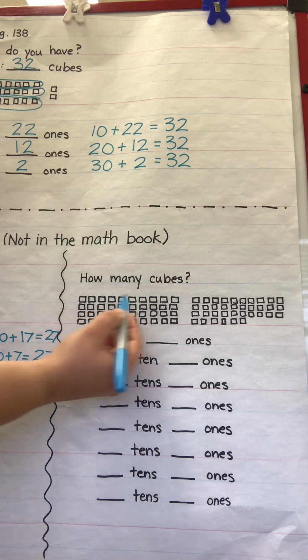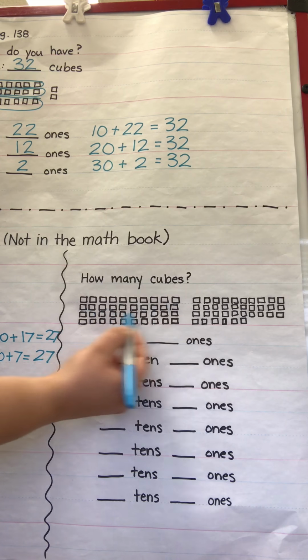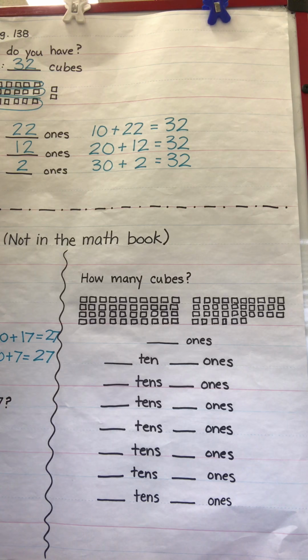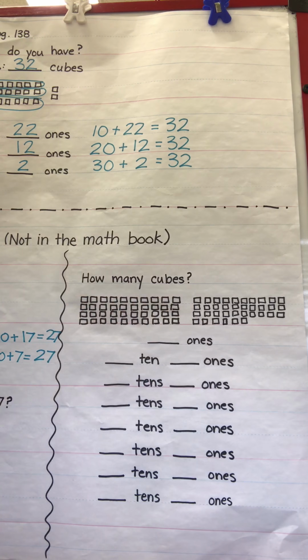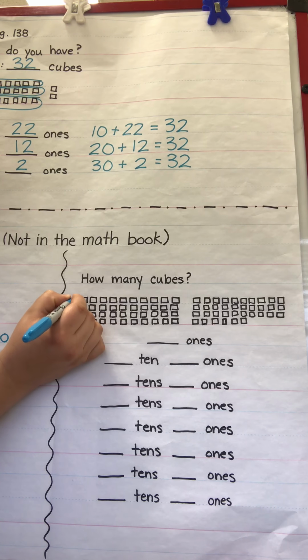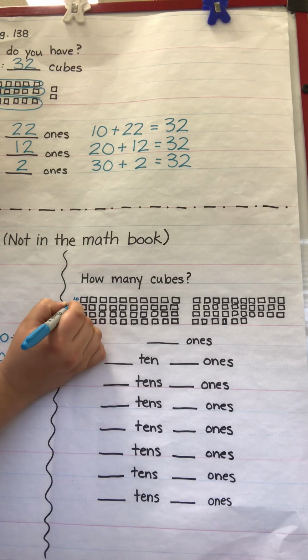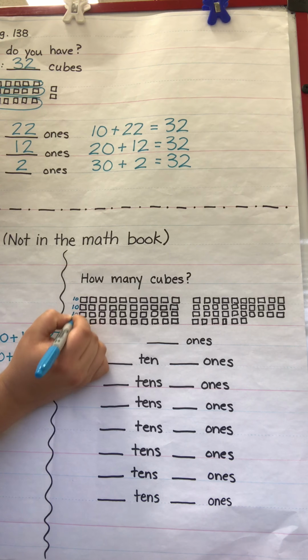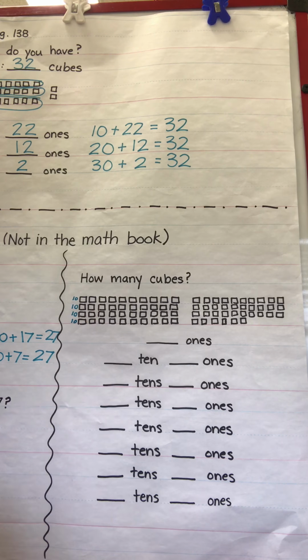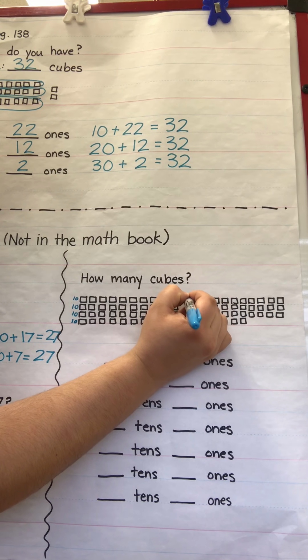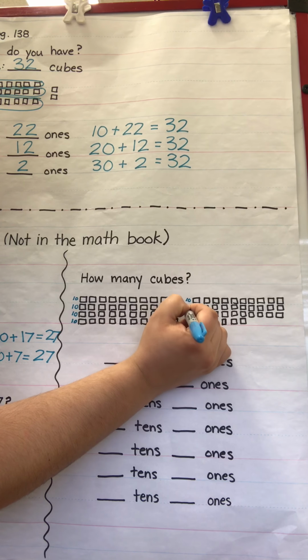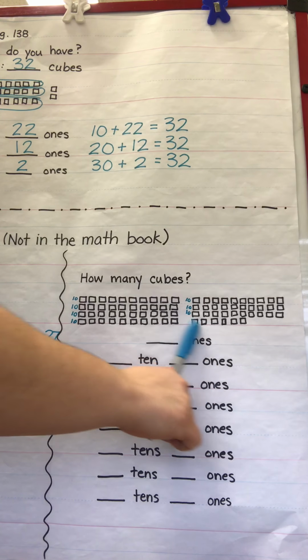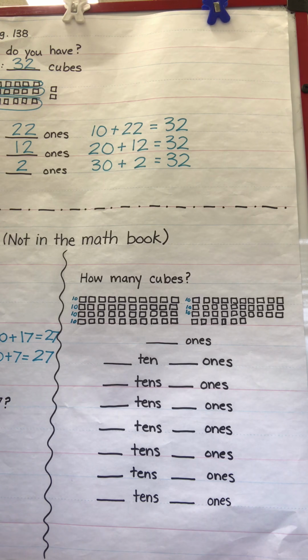I'm going to tell you that I did try to group these again in groups of 10. If you counted that first row, you'll already know that this is going to be 10, this is going to be 10, this is going to be 10, 10, and same on the other side. But you'll see, this bottom one is not a group of 10.